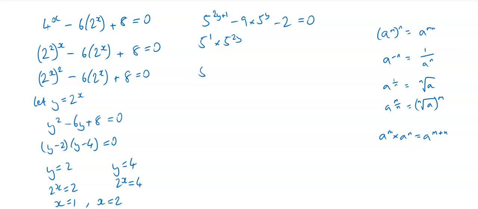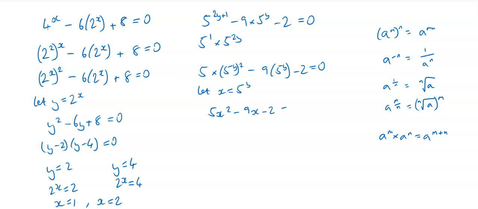Okay, because then we can say it's 5 times 5 to the y squared minus 9 lots of 5 to the y minus 2 equals 0. So then we say let, in this case, x equal 5 to the y. So we have 5x squared minus 9x minus 2 equals 0.